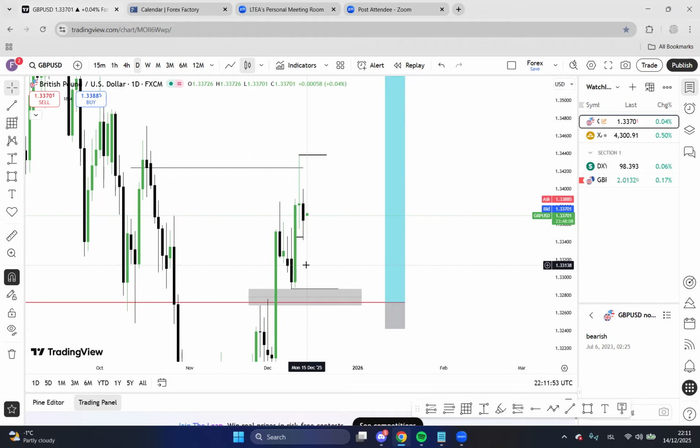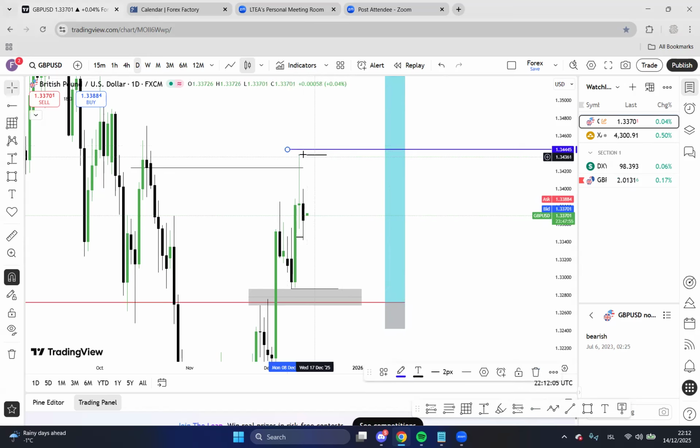Which means buyers who place buy limit above this high, they are going to lose their money, because automatically they have stop losses here or something. You understand what I'm saying?